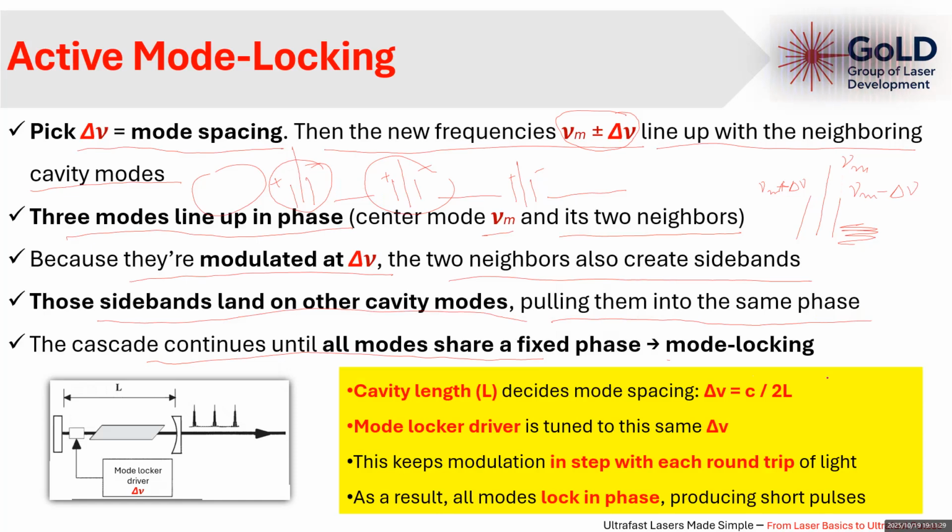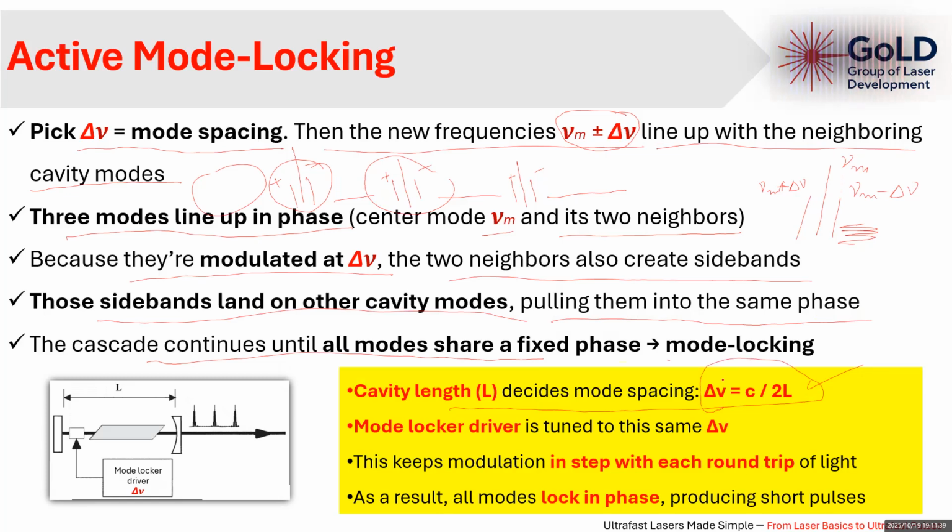And this yellow box is showing, in short, the cavity length. With the help of cavity length, we can find out this spacing, and this frequency will be used to drive the modulator. Okay, and this mode lock driver is tuned with this frequency.